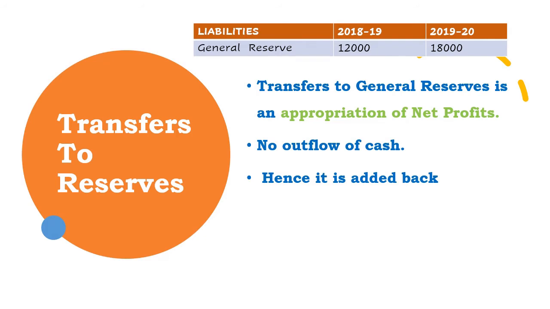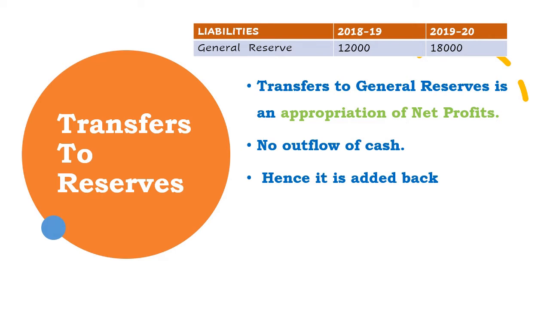Next point is transfer to reserve. Transfer to general reserve or any type of reserve is nothing but appropriation of net profit. For example, general reserve for the year 2018-19 is 12,000 and for the year 2019-20 is 18,000. General reserve is an activity in which there is no outflow or inflow of cash, so it is added back.